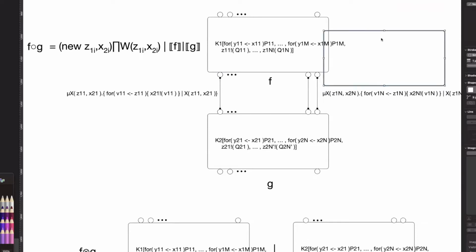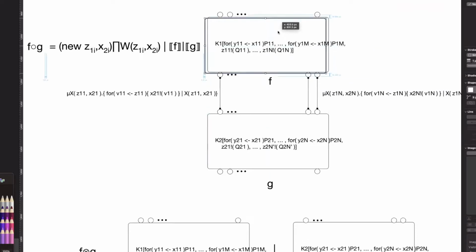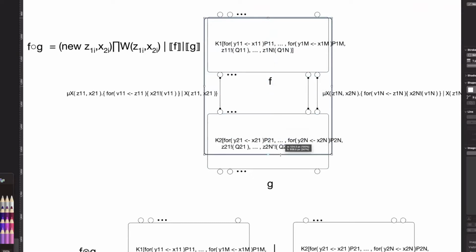And we can say that this is associative because if we have F and G and H, it doesn't matter if we first wire F and G or G and H. That's correct. That's what associativity means. Now you have to prove that that is in fact the case using this equation.